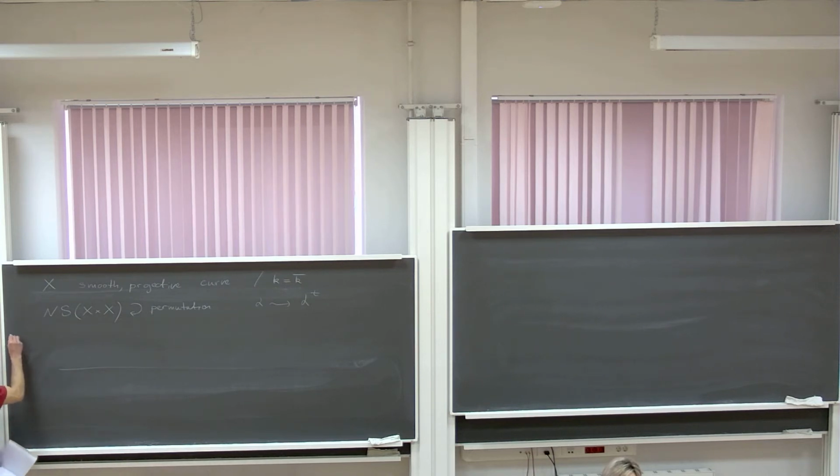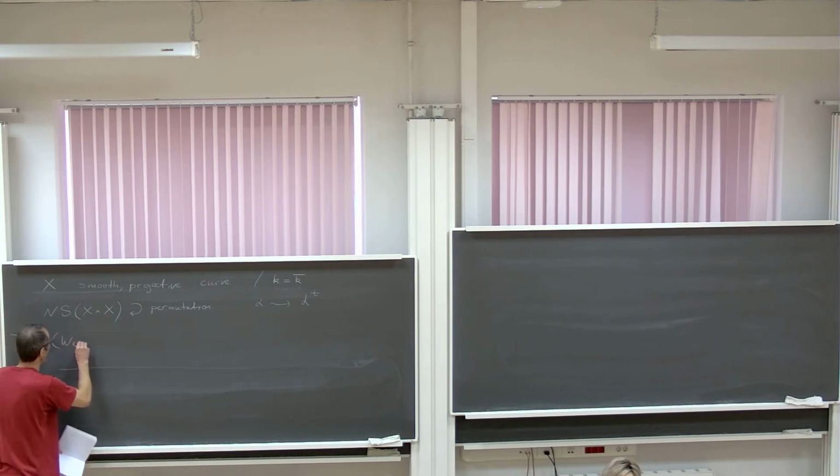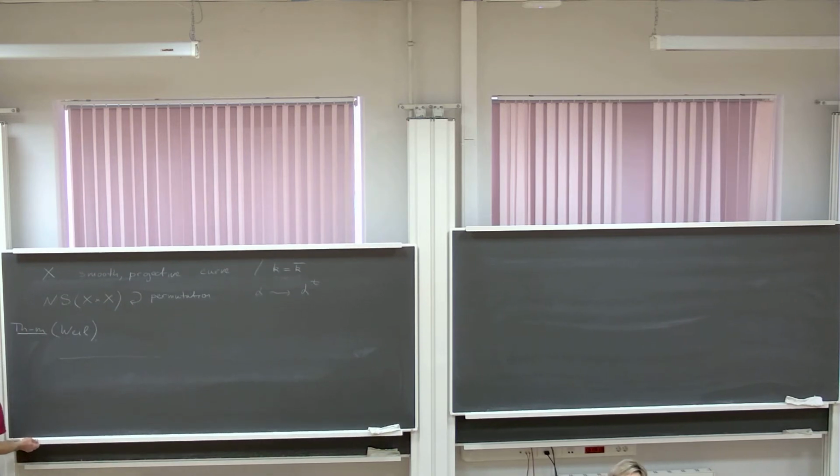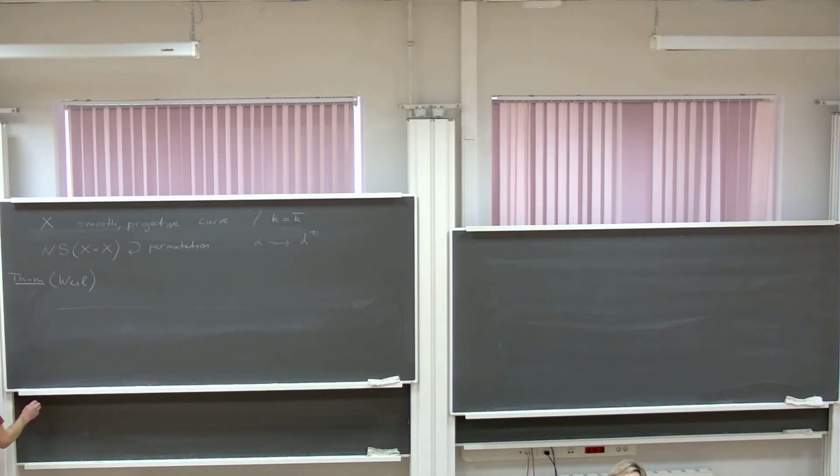So the main result that we discussed, which is a theorem of Weil, is a description of this group. So the description was the following.